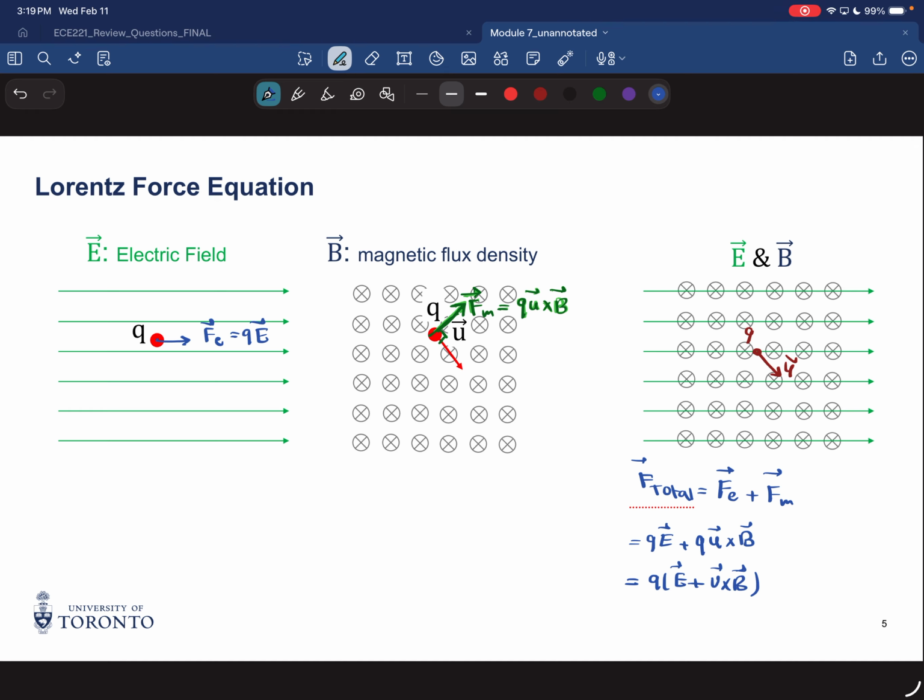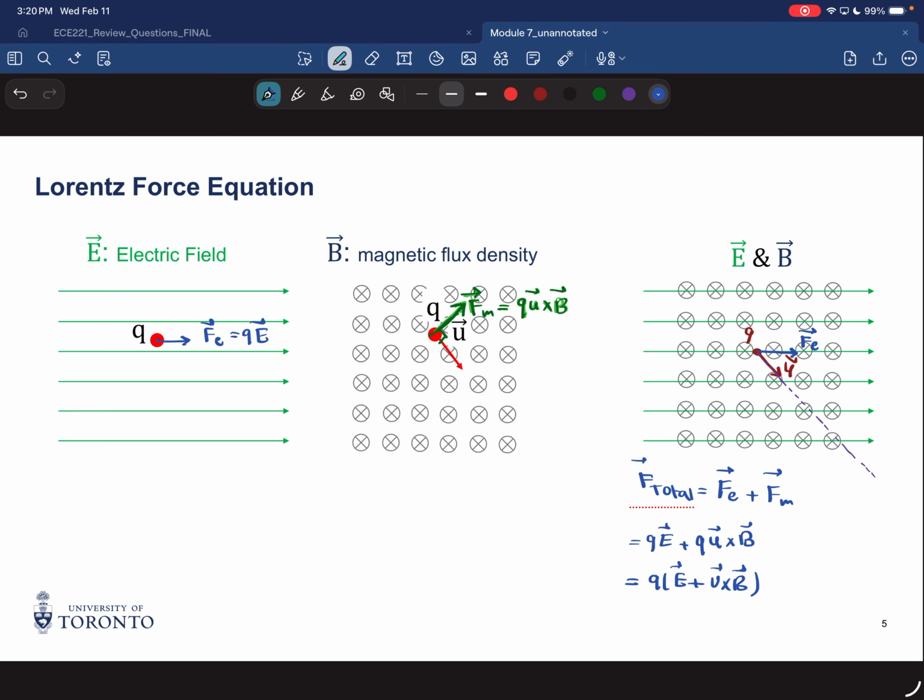So now, let's see. If Q was trying to move on this trajectory, which way would it go? Okay, so we have FE, a force that is going to be in this direction.